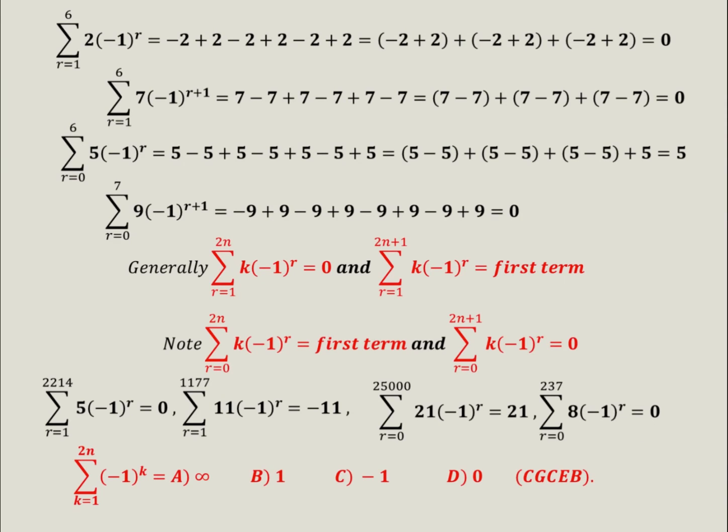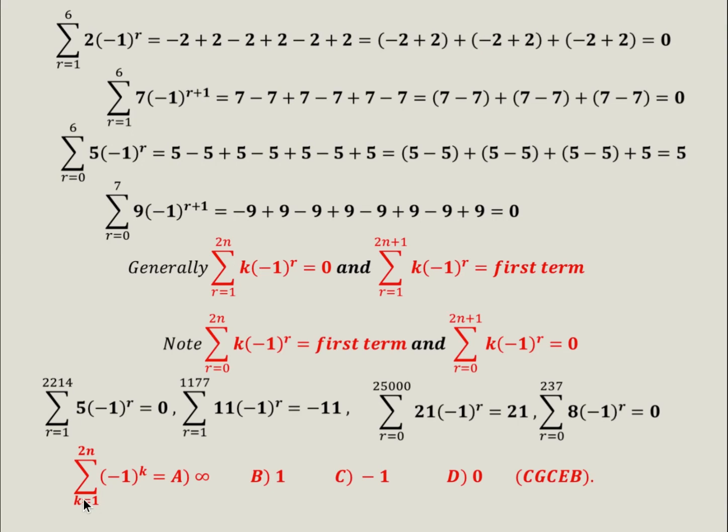We proceed to have an example which is actually a further mathematics question of the GCE, a multiple choice question, which says summation from k equals 1 to 2n of negative 1 to the power k equals: a, infinity; b, 1; c, negative 1; and d, 0.